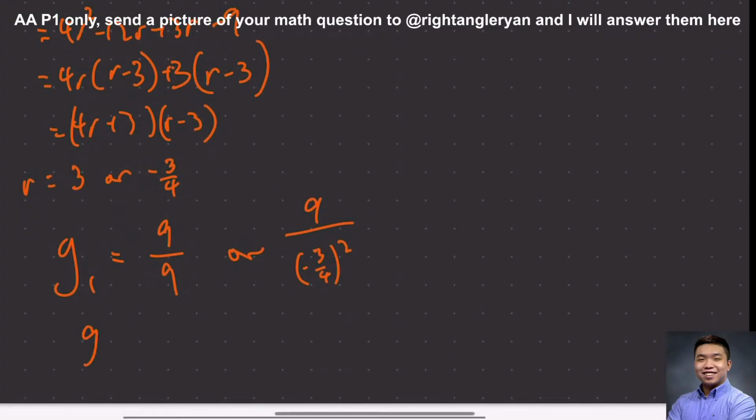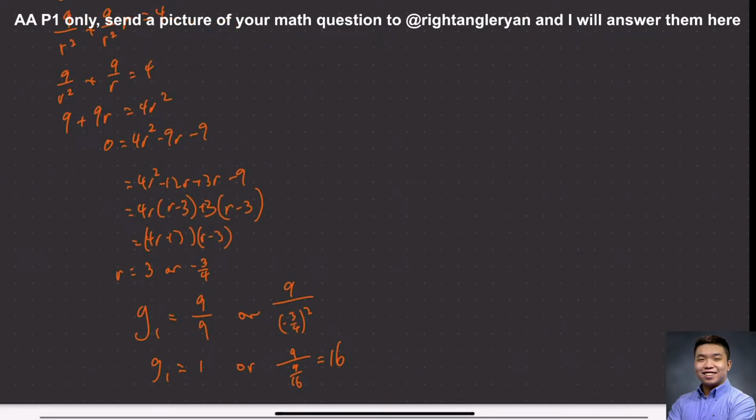So G1 is equal to 1, or 9 over 9 over 16, which equals 16. So we would have G1 equals 1, r equals 3, or G1 equals 16, and r is equal to negative 3 over 4.